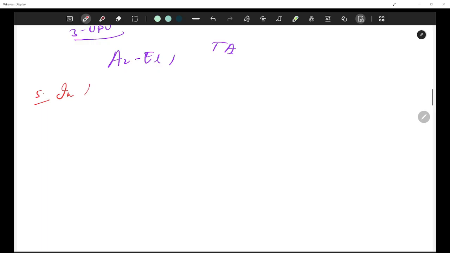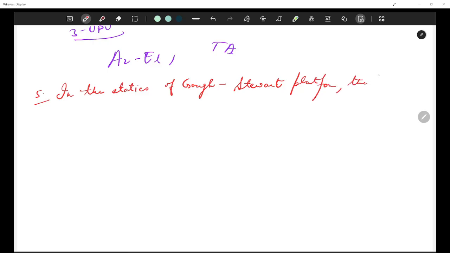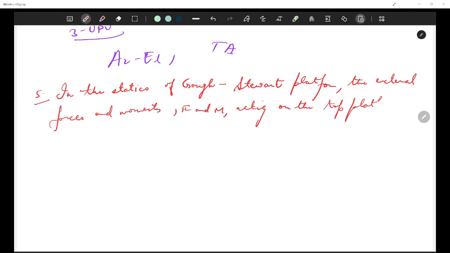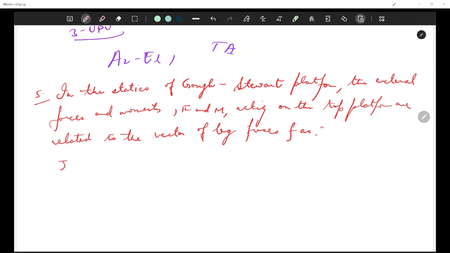In the statics of a Stewart platform, the external forces and moments F and M acting on the top platform are related to the vector of leg forces F as, just for a hint, here you will have the notations.